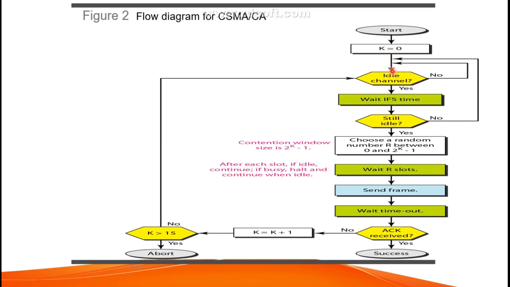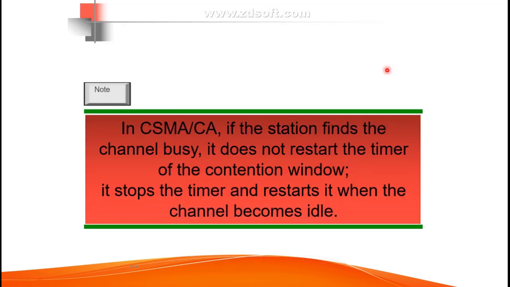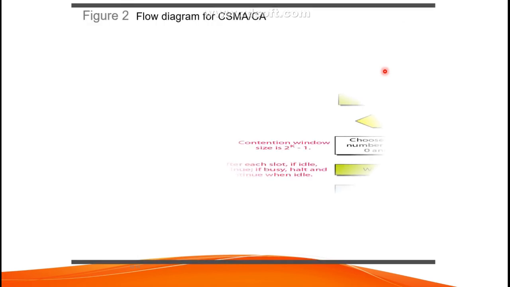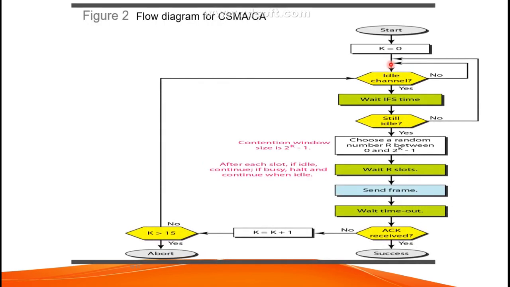Now it is going to sense the channel. If the channel is not idle, it is busy, then again it is going to go to the closed loop. Again it is going to continuously check the channel, as in the previous figure we have seen, it is going to continuously sense it.